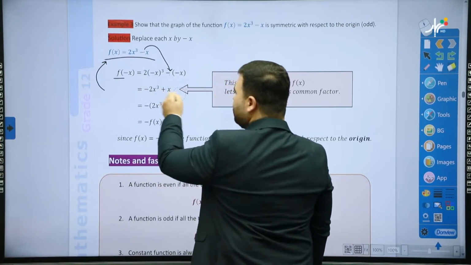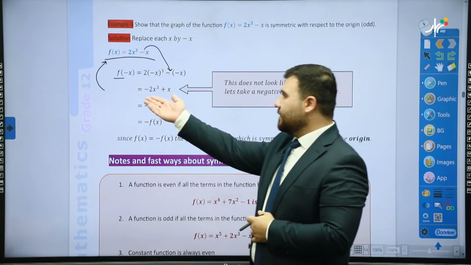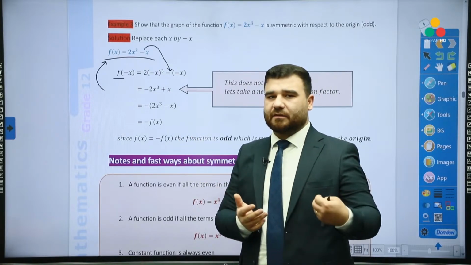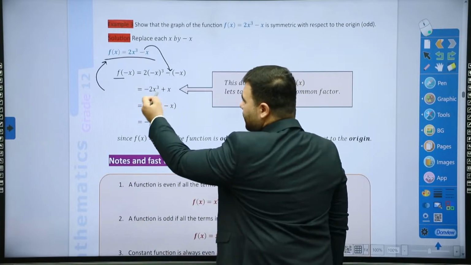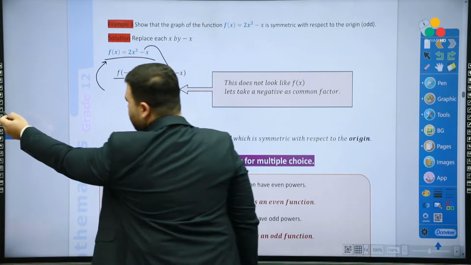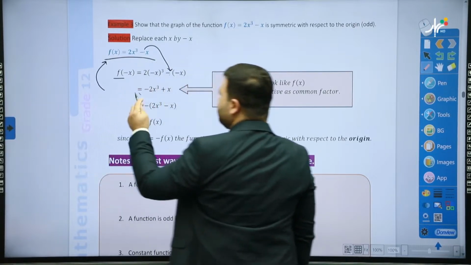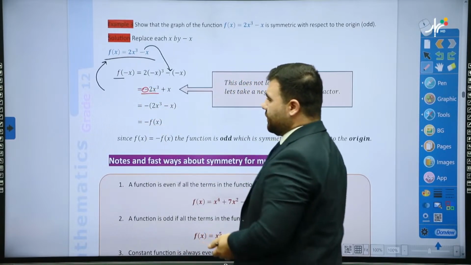To complete that, after I replace with negative x and simplify, the result does not look like f(x). I take one negative as a common factor from all the terms. If I take one negative from negative 2x cubed, what's remaining is just 2x cubed.